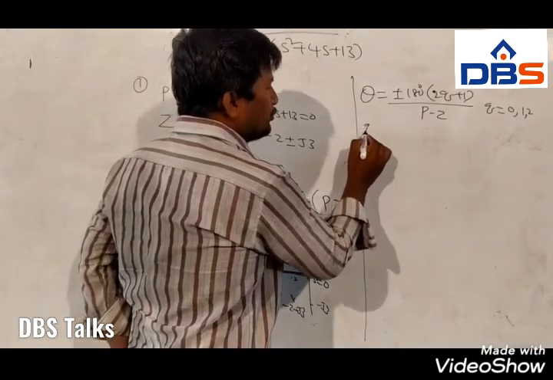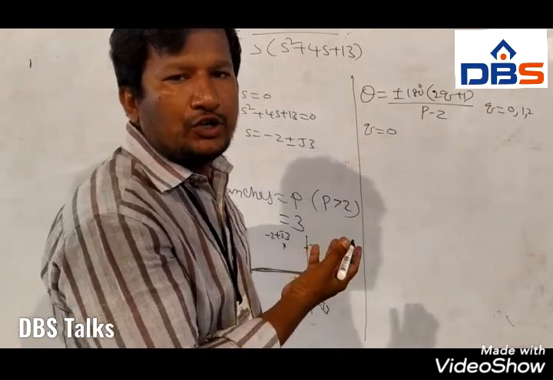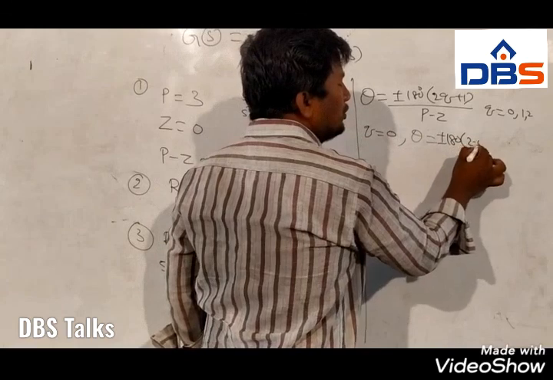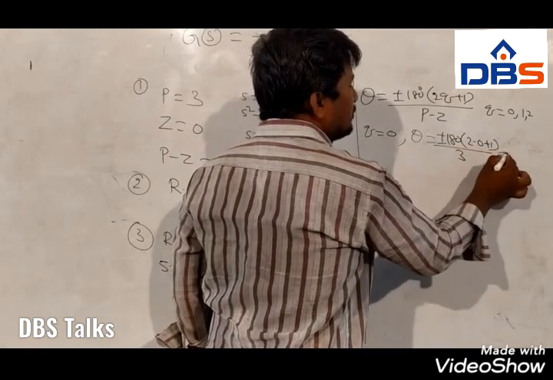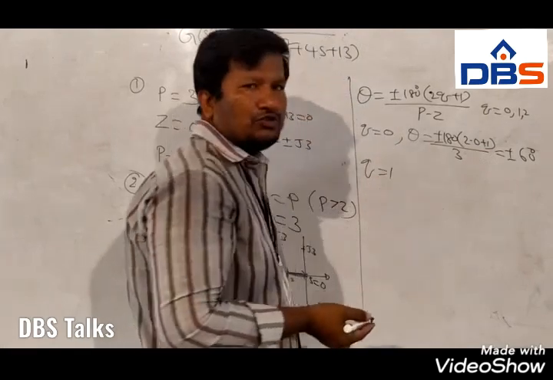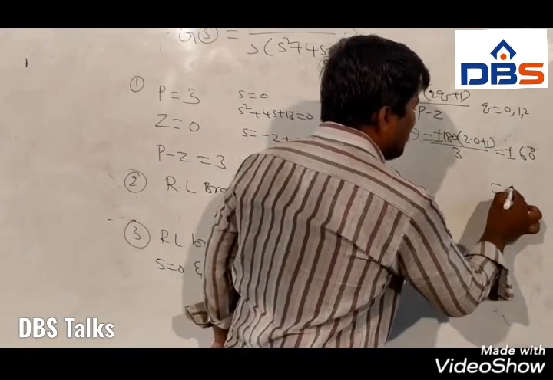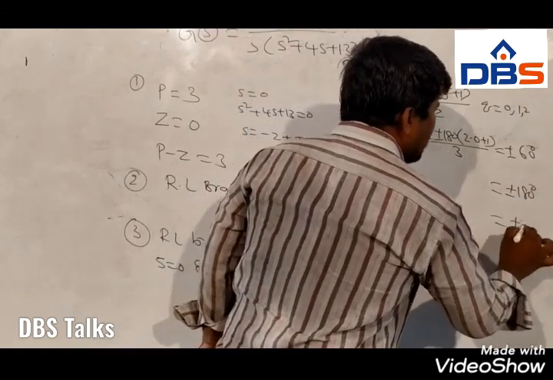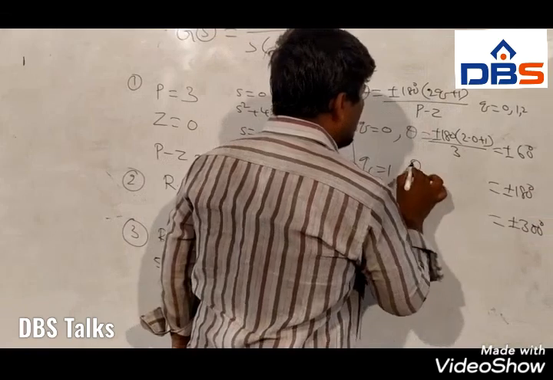If q equal to 0, theta equal to plus or minus 180 degrees into 2 into 0 plus 1 by 3, that is equal to plus or minus 60 degrees. For q equal to 1 it is plus or minus 180 degrees, and for q equal to 2 plus or minus 300 degrees, as already calculated in a previous problem.